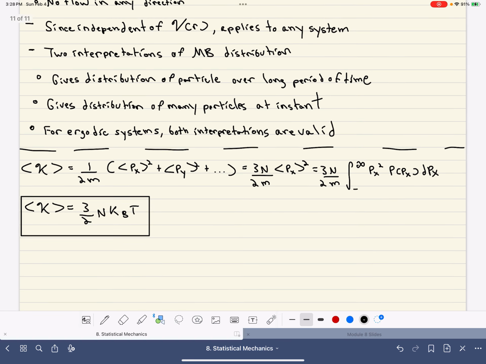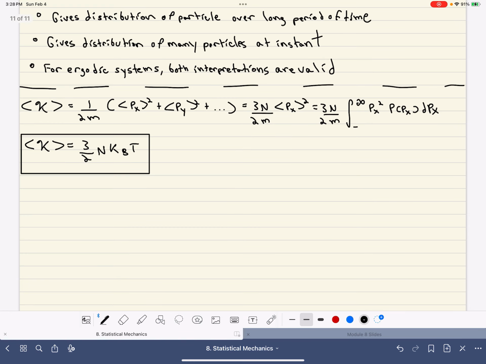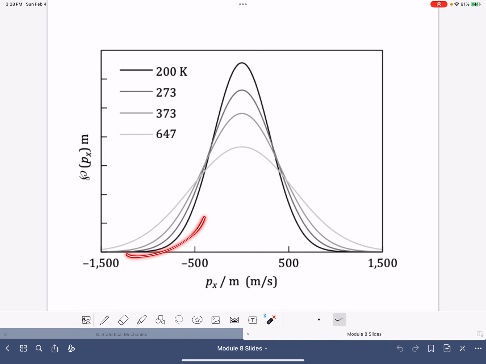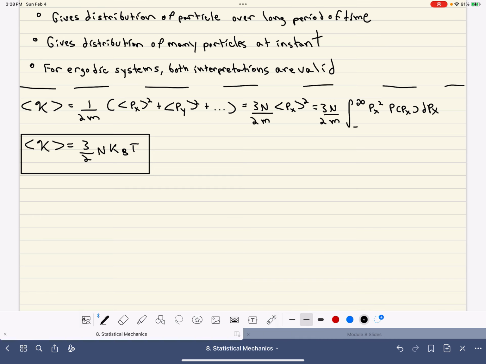One last thing I want to point out is that with the momentum, we found that it's symmetric, because you could have negative or positive momentum. But if we think about the speed that a molecule is moving, with speed you're just looking at the magnitude of the velocity, not the direction.